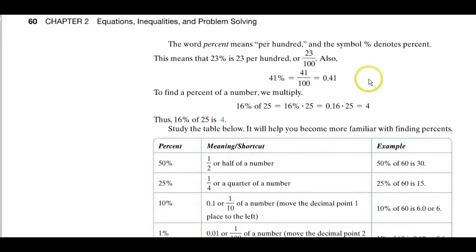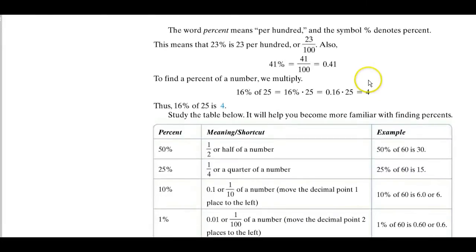Now, some background that they're going to give us here is the word percent. That means per hundred, and has the percent symbol. Now, 23% is 23 per 100, or 23 over 100.